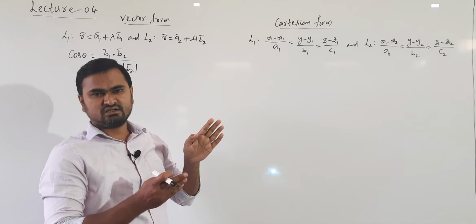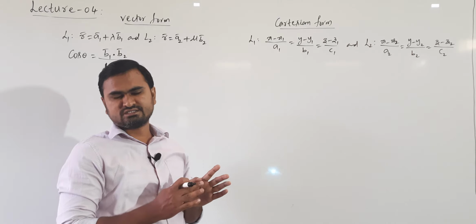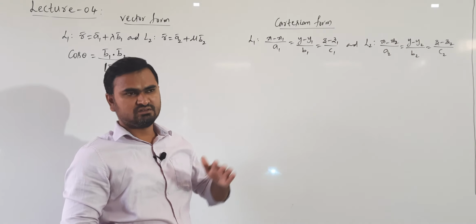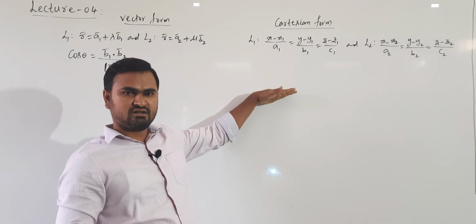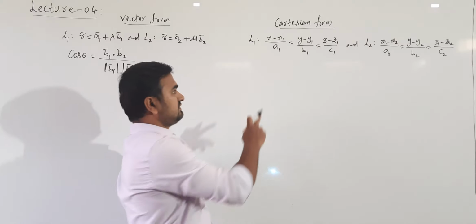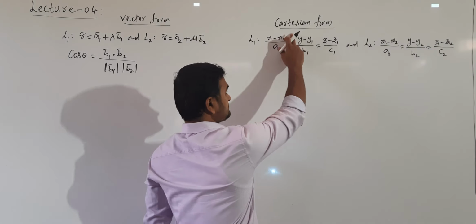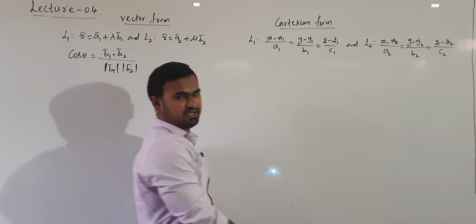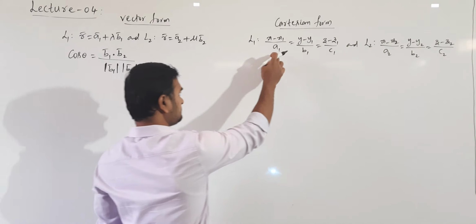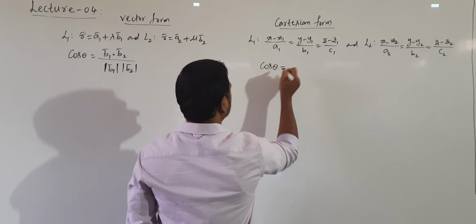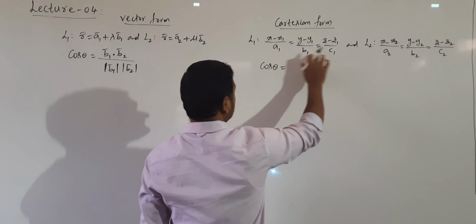So, when two lines or vectors are parallel, what we know, drs are proportional. Anyway, drs are always proportional numbers. So, drs of parallel vector we can take it as same as drs of the line itself. So, a1, b1, c1 are the drs of first line, and a2, b2, c2 are the drs of second line. So, cos theta, angle between the two lines, we are writing using the drs of two lines.